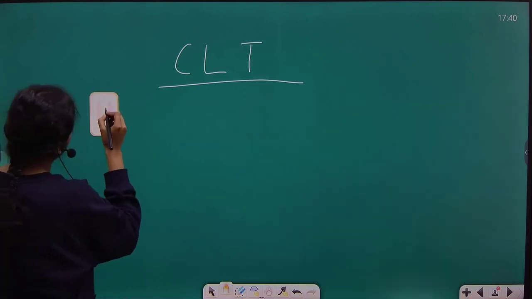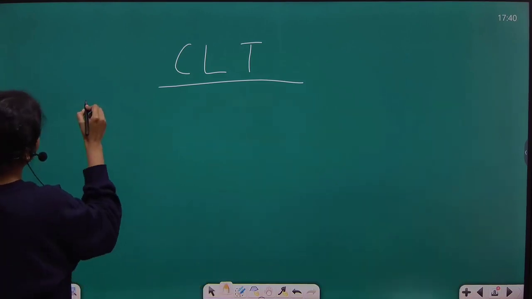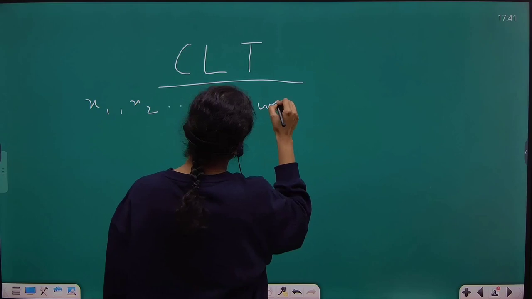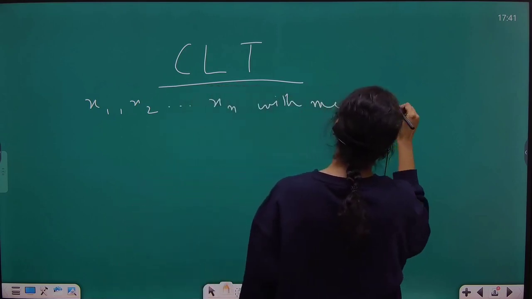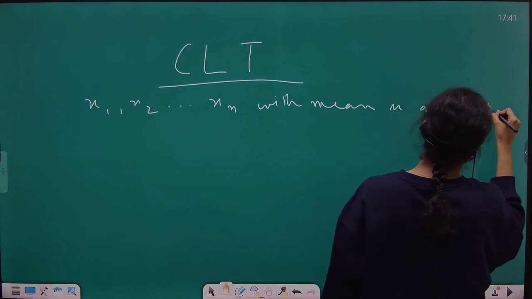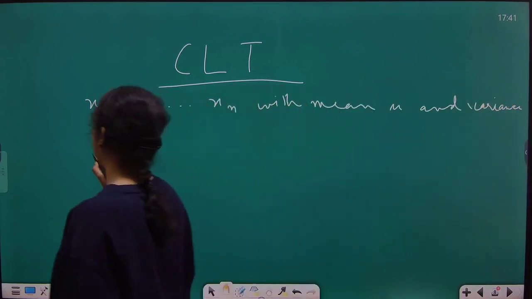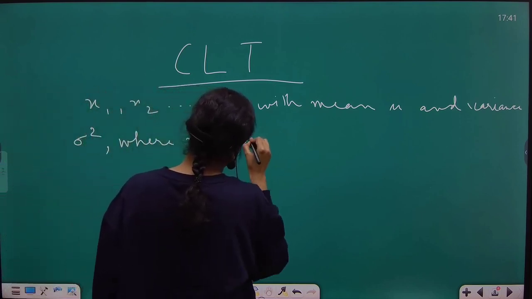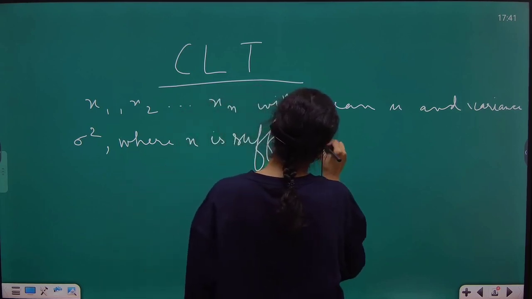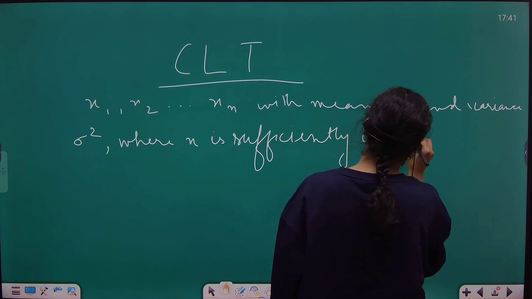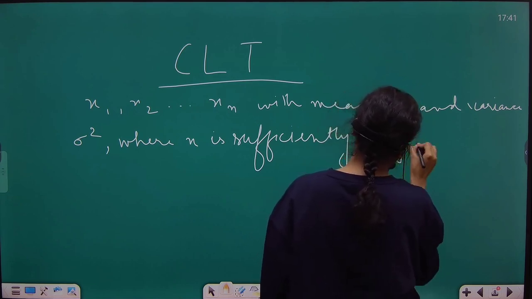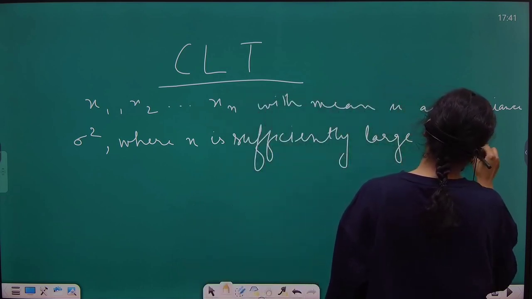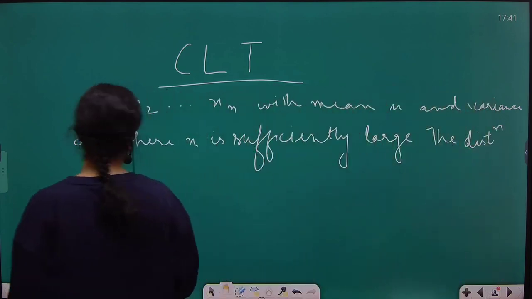So let's see, the theorem is like this. Let's say our sample x1, x2 to xn with mean mu and variance sigma square, where n is sufficiently large, then the distribution of the sample mean will be normal.